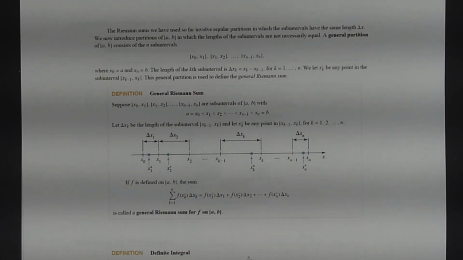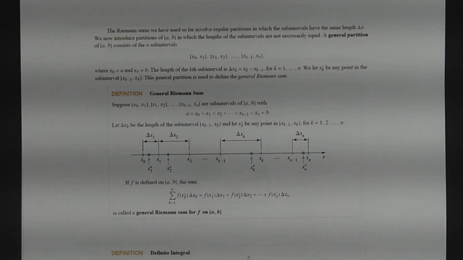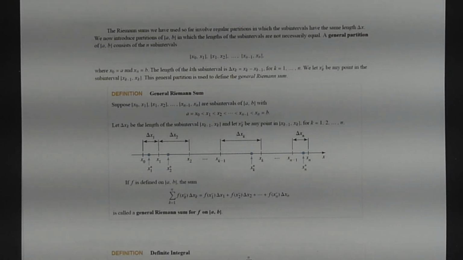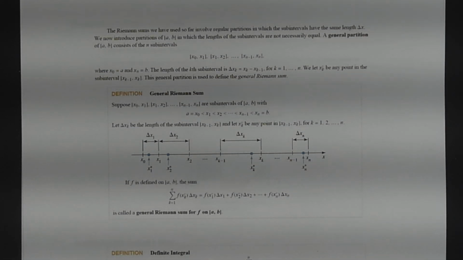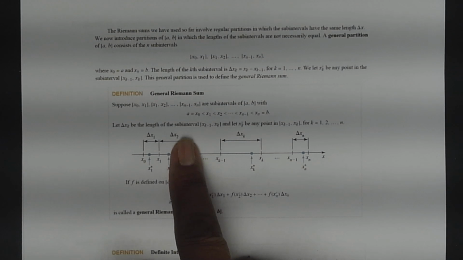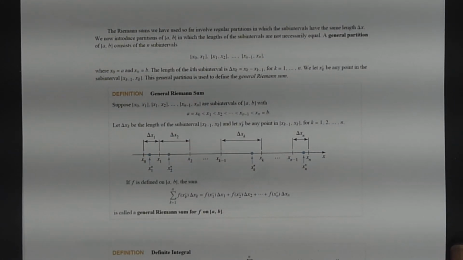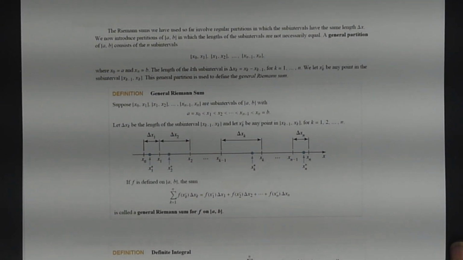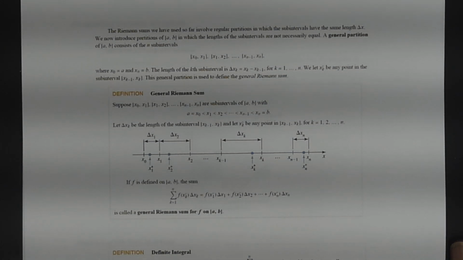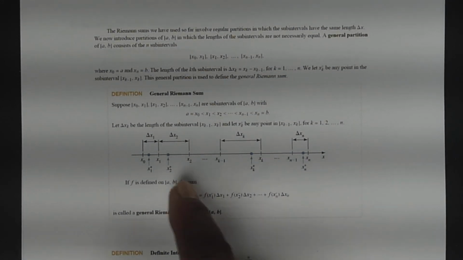And the definition for a general Riemann sum would be this: suppose that x0, x1, x2, and so on, all the way to x of n minus 1 to x of n are subintervals. And we let delta x of k be the length of the subinterval, and let x star sub k be any point in that interval. Okay?